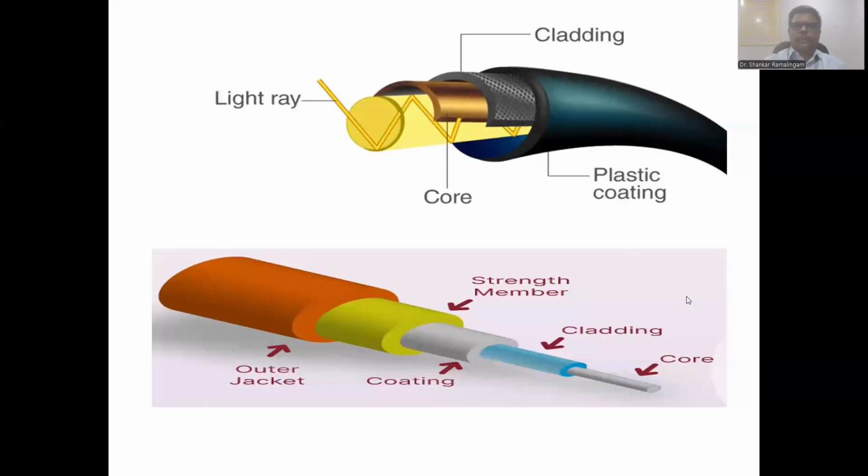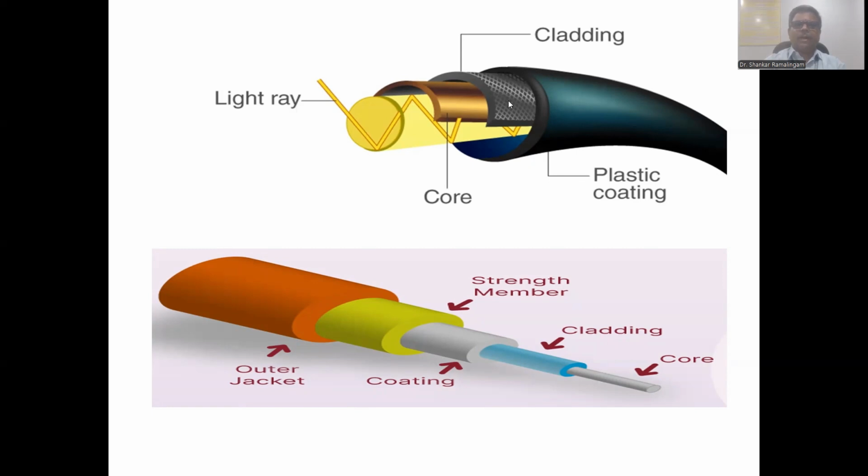From this, we may understand that in our core, we are going to have our light signal like this in both the pictures. Inside the core, it is going to be contained by the core because of the different refractive indices for core and cladding. That we will see afterwards while we are discussing total internal reflection.